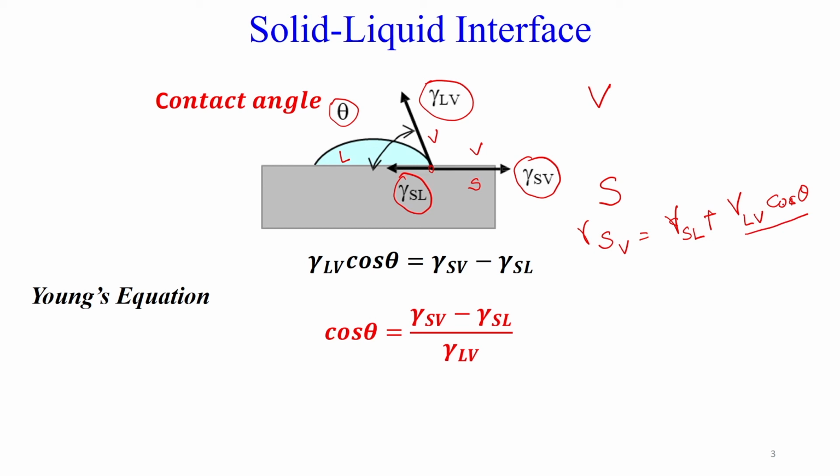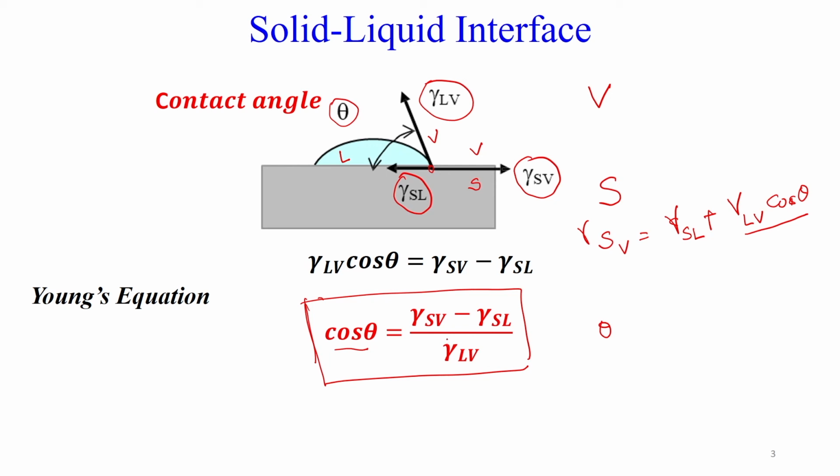So, gamma liquid vapor cos theta equals gamma solid vapor minus gamma solid liquid, and this is known as Young's equation. Young's equation says, if you know the interfacial tension at different interfaces, you should be able to calculate the contact angle. Either way, if the contact angle theta is known, then we should be able to calculate the interfacial tension.